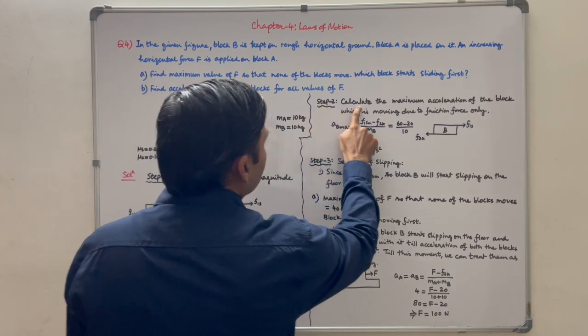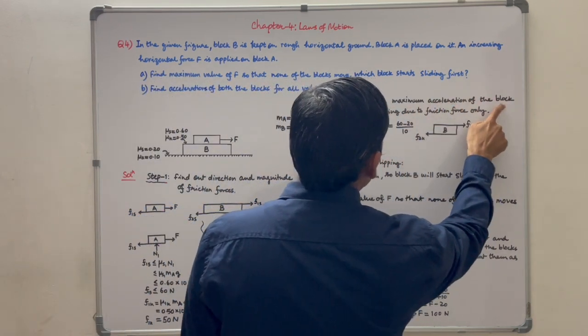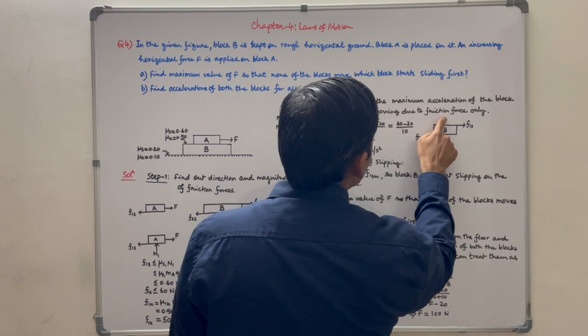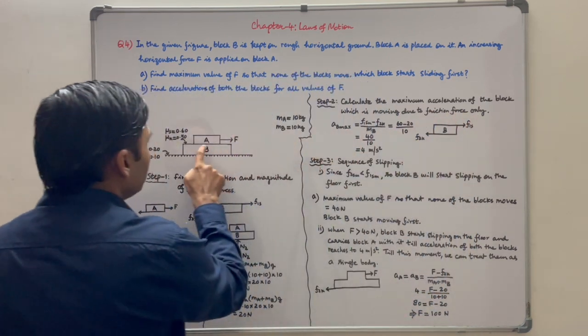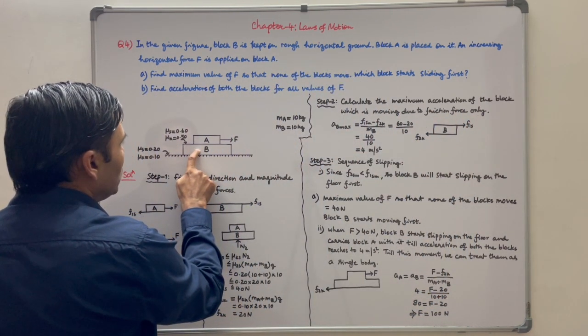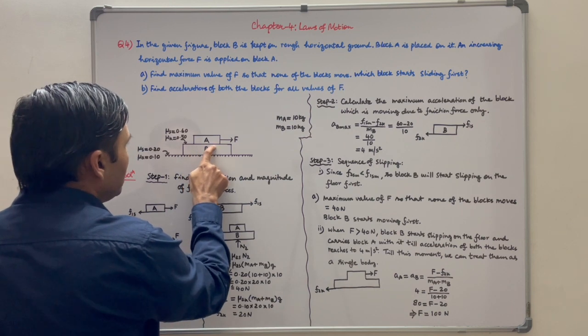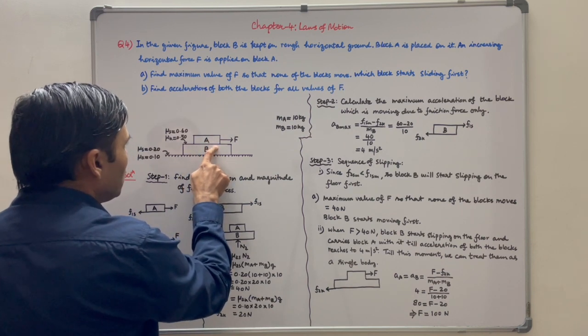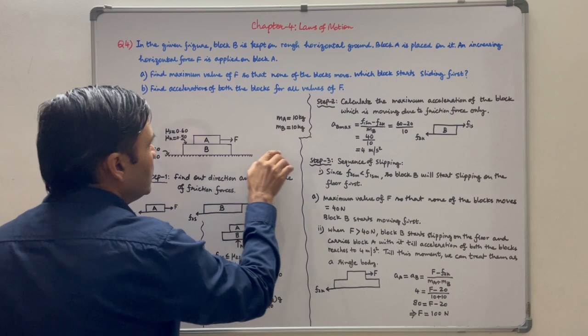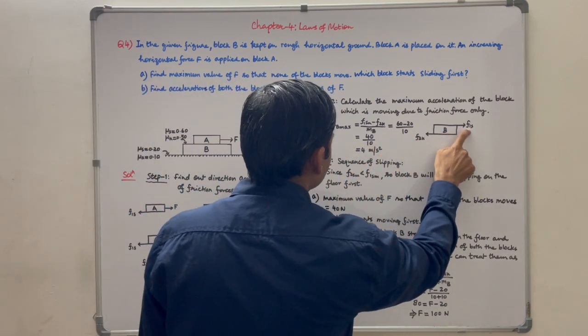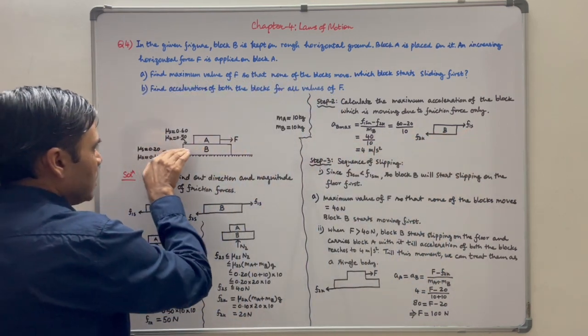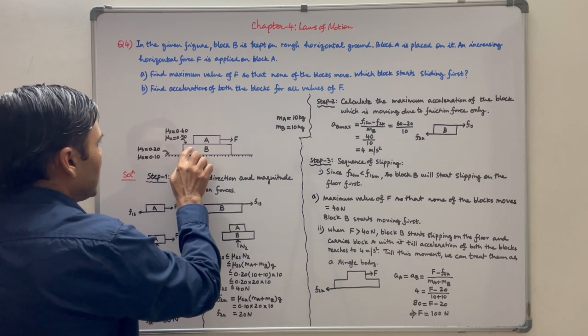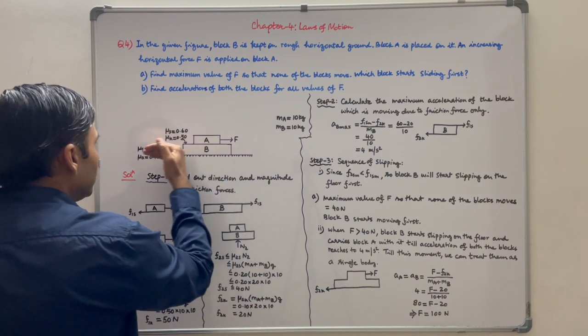Second step, calculate the maximum acceleration of the block which is moving due to friction force only. Block B is moving due to friction force only. On its upper surface, block A is applying a friction force in the forward direction. It is represented by F1s. When block B is accelerating, the floor is applying kinetic friction on block B in the opposite direction.